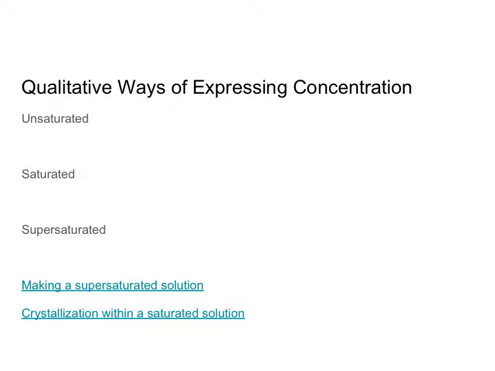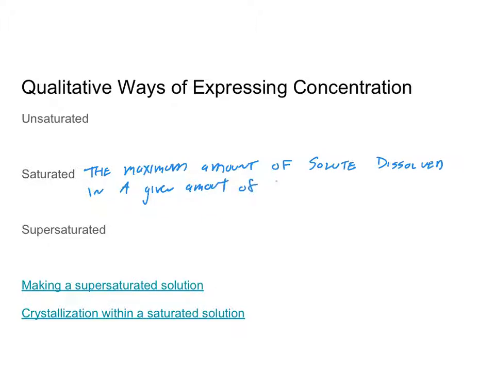So saturated is the maximum amount of solute dissolved in a given amount of solvent. So if something is saturated, we say it's the maximum amount of solute dissolved in a given amount of solvent.